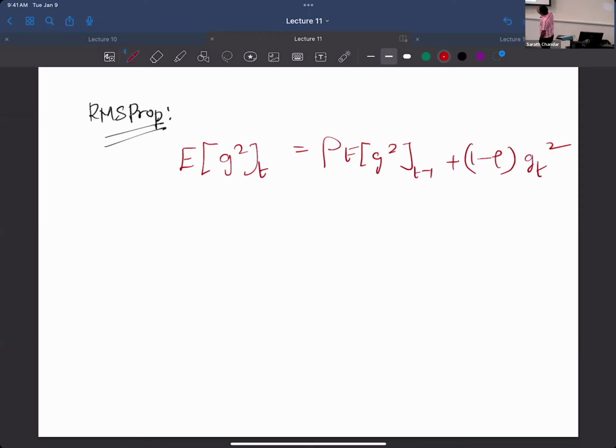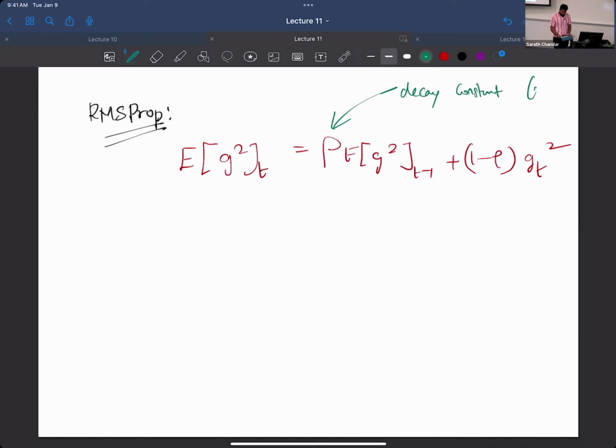So what is this doing? Instead of taking the sum of all the g_t squares, I'm doing rho times the previous sum plus (1 minus rho) times the current g_t squared. Rho is a hyperparameter called the decay constant.